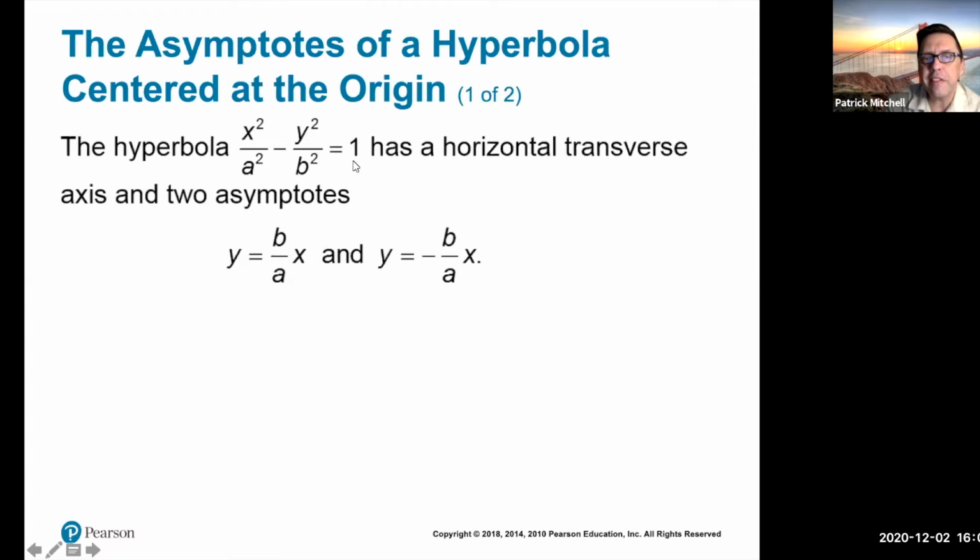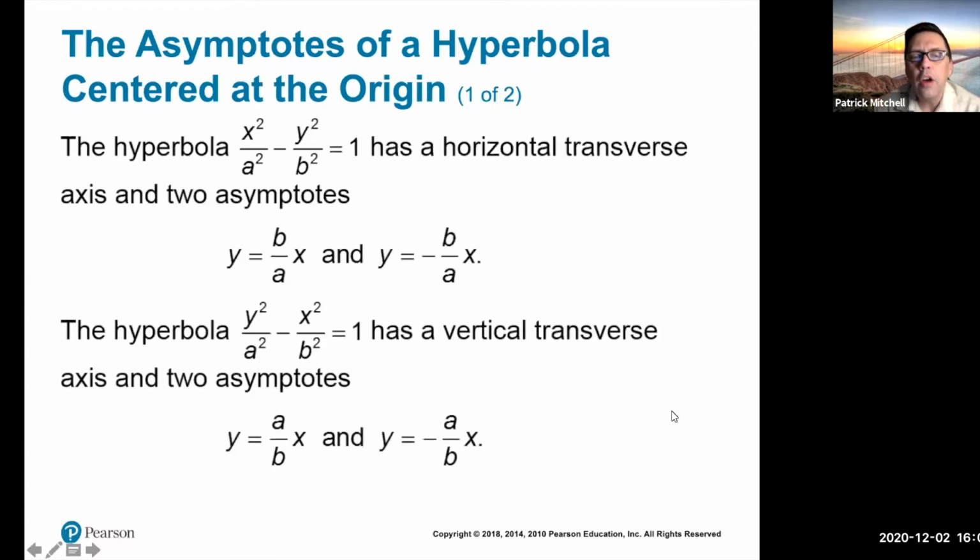Okay, so that's for the sideways opening hyperbola. For the up and down opening hyperbola, y squared over a squared minus x squared over b squared equals 1, that has a vertical transverse axis, and its asymptotes are y equals a over b times x and y equals negative a over b times x.